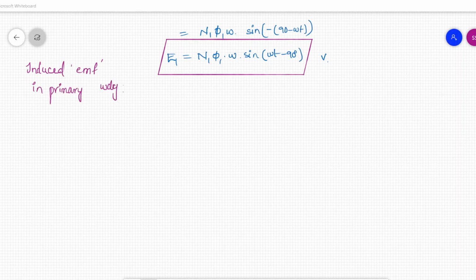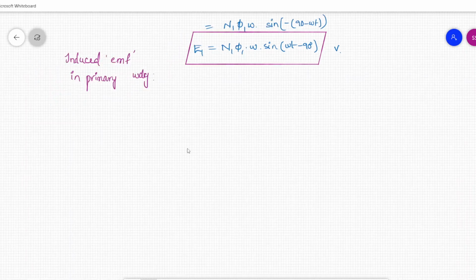This is the induced EMF in the primary winding. Now this E1 will be maximum when the omega t angle is pi. That is, E1 will be maximum at omega t equal to pi.